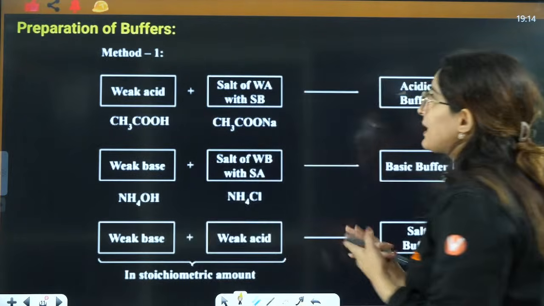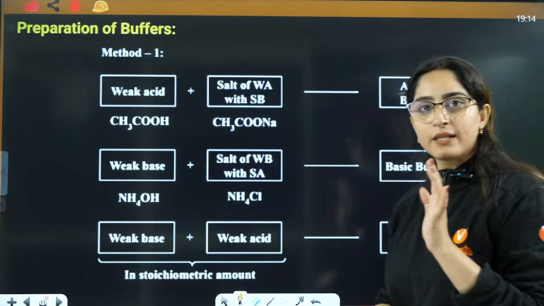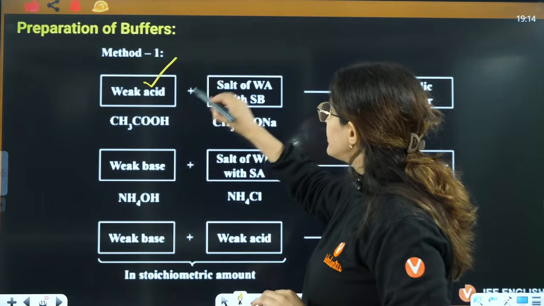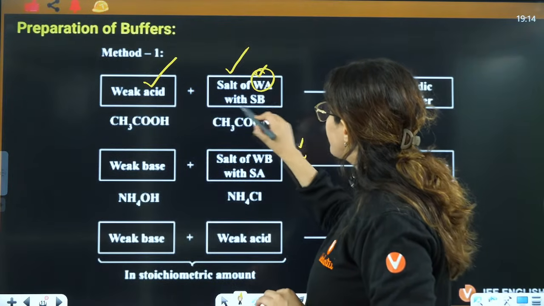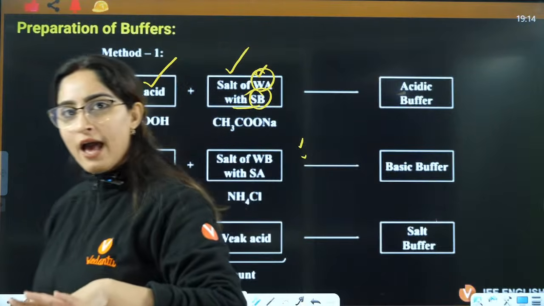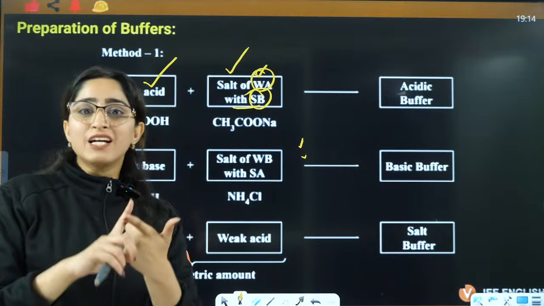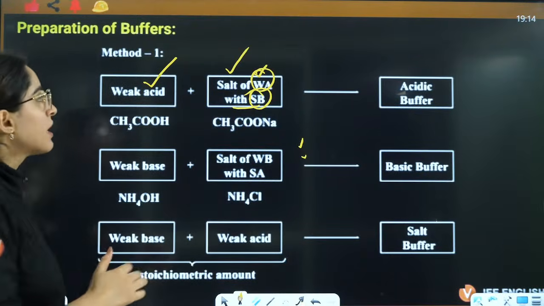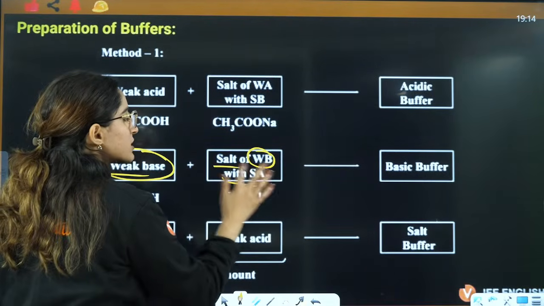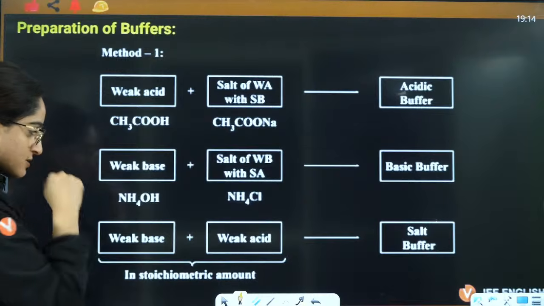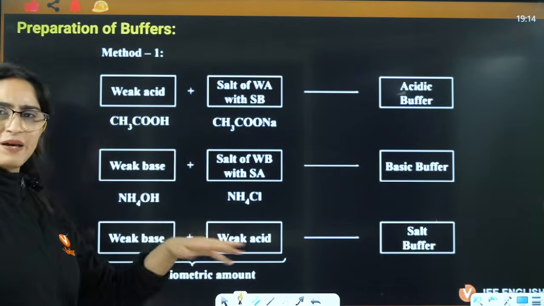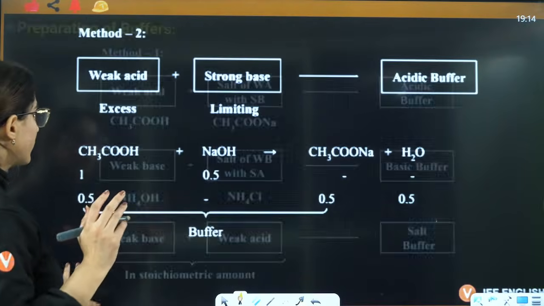The preparation method number one is very simple, from the definition itself: you should have a weak acid and salt of that weak acid with strong base. Then you should have a weak base and salt of that weak base with strong acid.